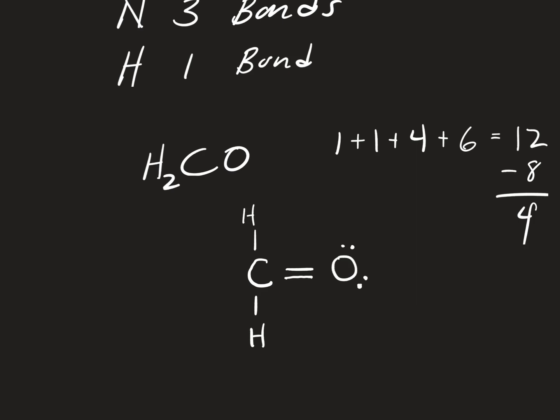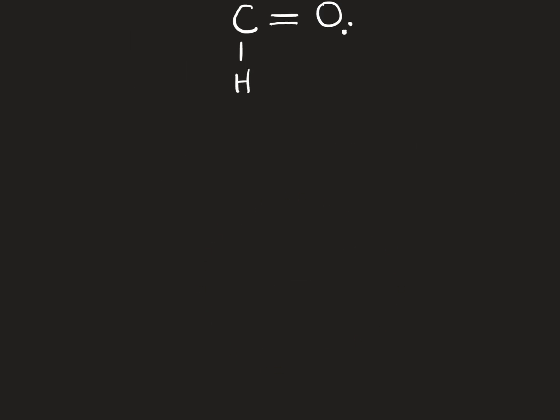Because if I do that, now I've used up all the electrons in the valence electron bank, and I've got an octet around the oxygen. I've got an octet around the carbon, and I've got 2 around each hydrogen, which is an octet for the hydrogen. So we've got our answer there.